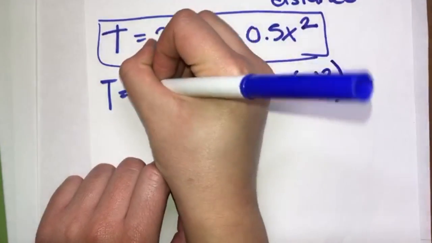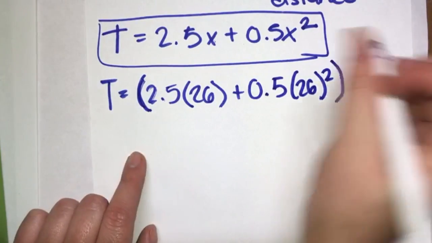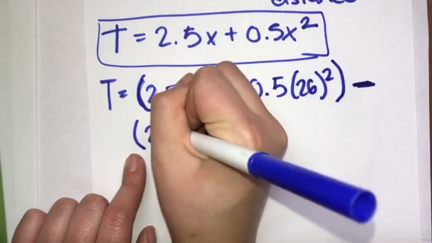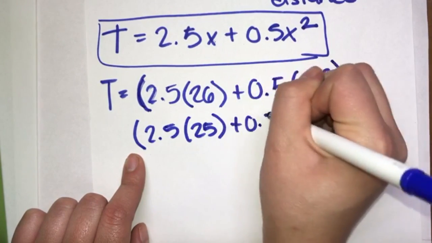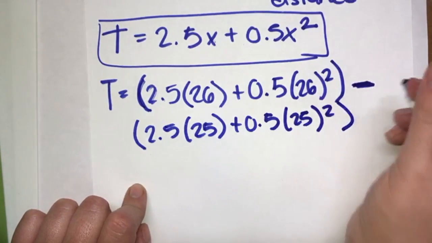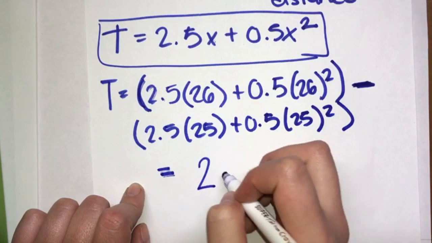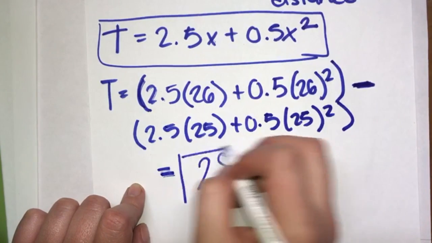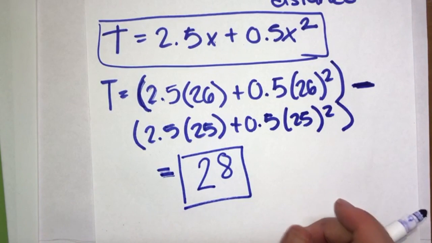Then you close the parenthesis and you do minus your formula with the 25 plugged in. And that will give us 28. And that is your change in the stopping distance.